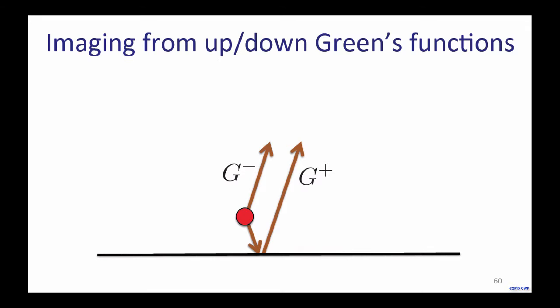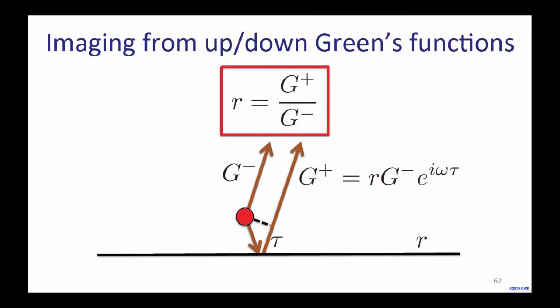So at your target point, you know the upward and the downward component of your Green's function. And if you have a reflector just under your target point, then you know that the upgoing component is equal to the reflection coefficient times the downward component with a certain phase factor. Now, if my target point is at the reflector, then tau goes to 0, and in that case your reflectivity, your imaging criterion if you want, is just the ratio of the upward and the downward component of the Green's function.